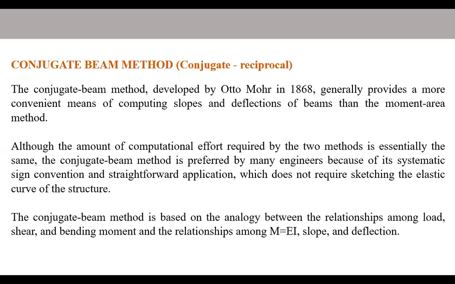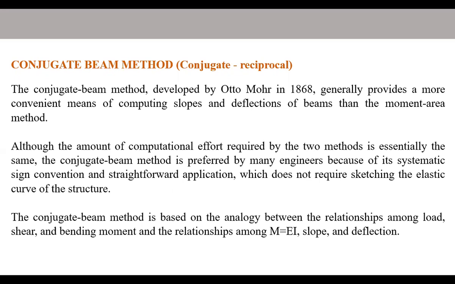Although the amount of computational effort required by the two methods is essentially the same, the conjugate beam method is preferred by many engineers because of its systematic sign convention and straightforward application, which does not require sketching the elastic curve of the structure.